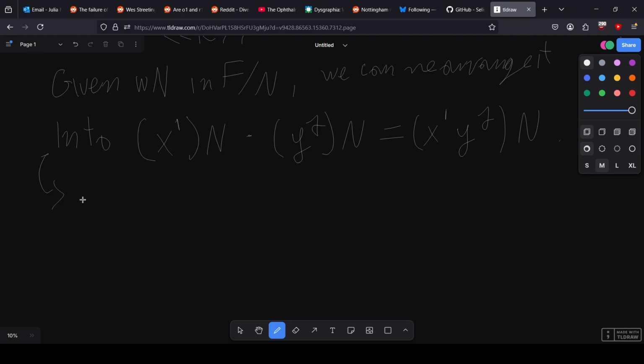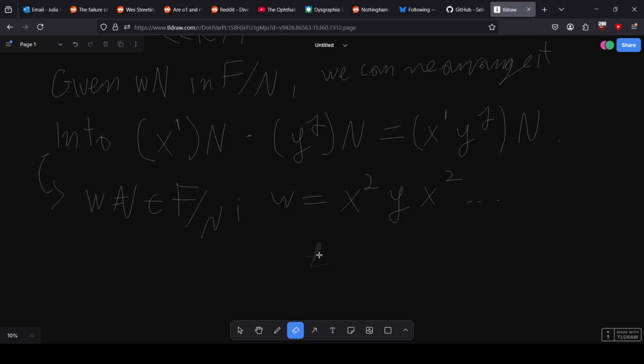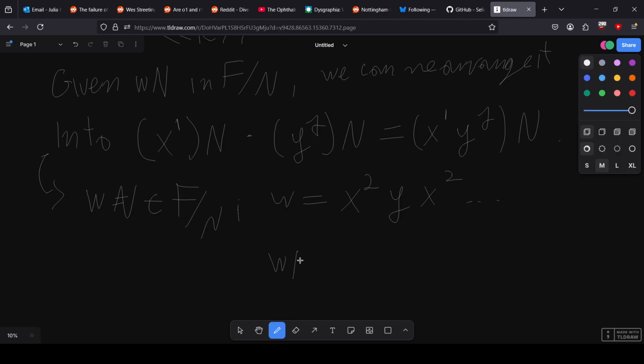So for example, if we have some wN in F quotient N, where w is equal to, I don't know, x squared y x squared, etc. What we can do is use the relations here very directly.